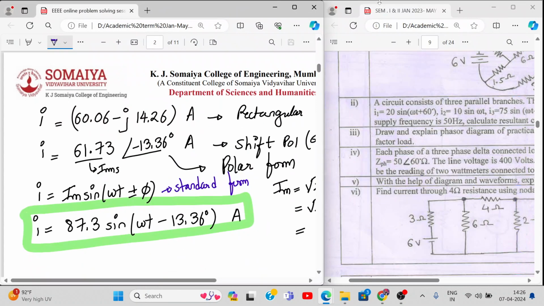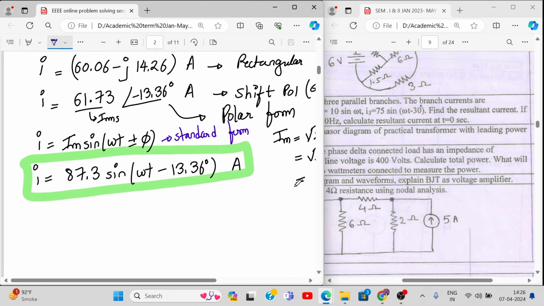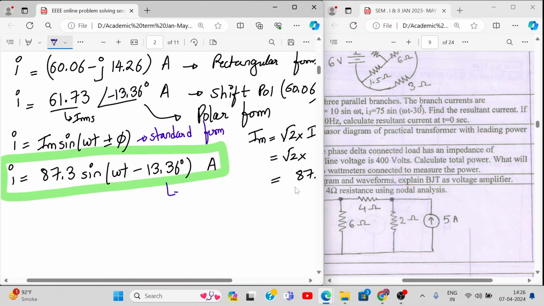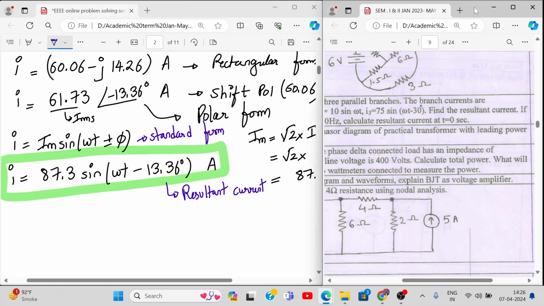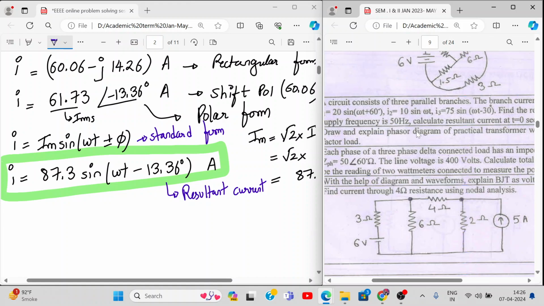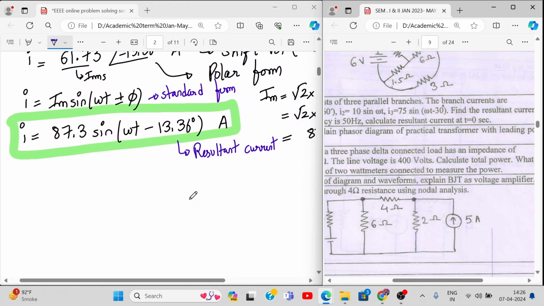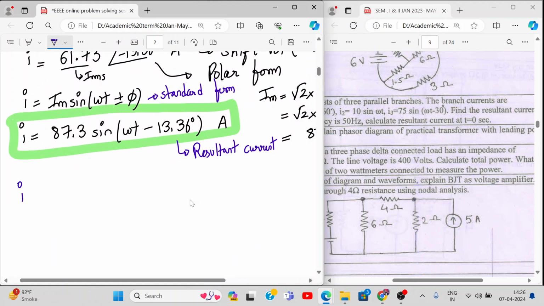And now it's not over yet. Calculate the resultant current. So this is the resultant current, of course. Now, if the supply frequency is 50 Hertz, calculate the resultant current at t equal to 0. So how will you find the resultant current I now at t equal to 0?